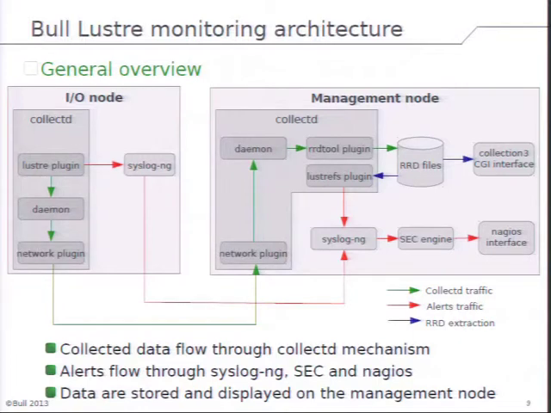That transmits this to the network collectd plugin, and then all the data goes to the management node through a standard collectd mechanism, up to the RRD plugin that writes data in RRD files. Then this data can be displayed using the collection CGI interface.